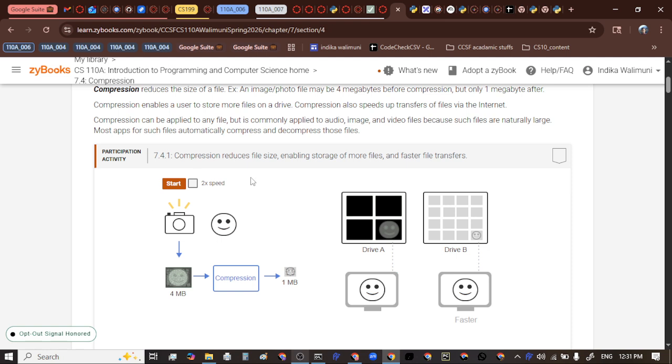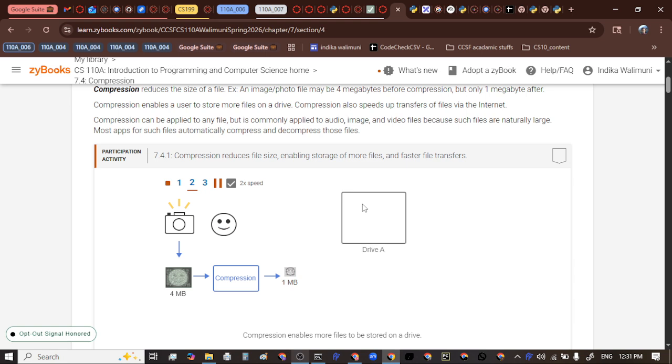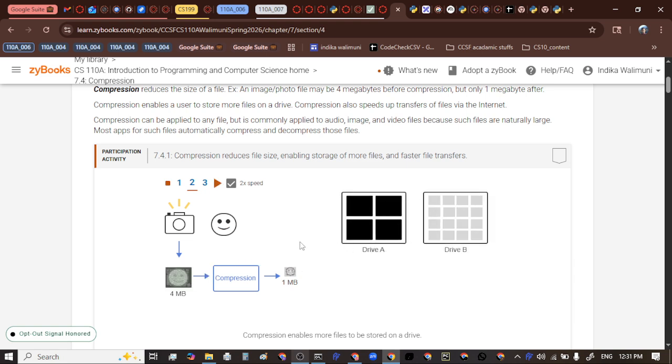Obviously, it also takes less space if you compress, right? Basically it's 1 megabyte each, so it has 4. Let's say it's a cell phone camera, where storage is limited.